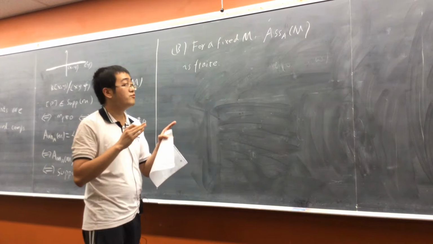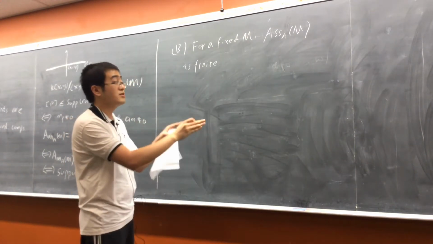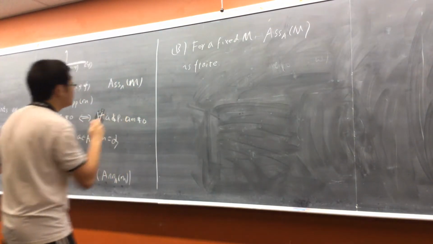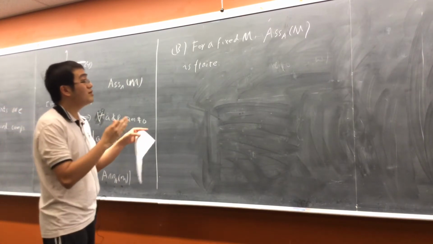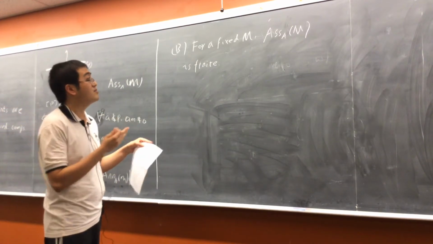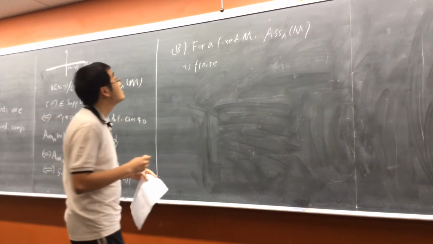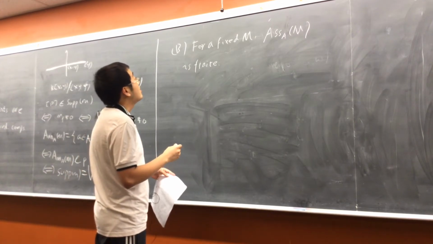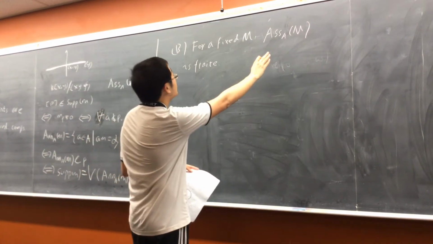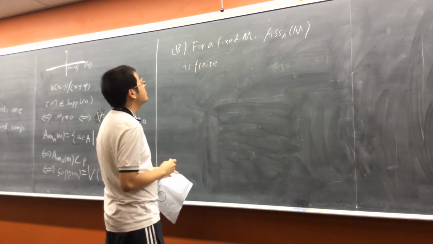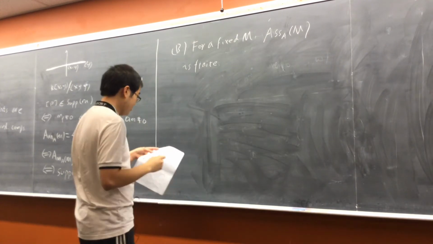In this talk, we will focus more on what properties we can derive from these things. For now we can take it for granted that for a fixed M, there are only finitely many associated points.